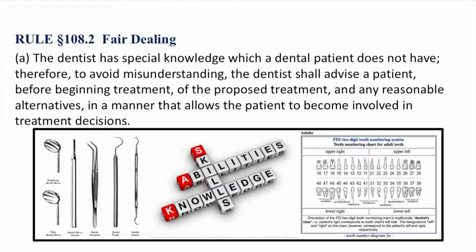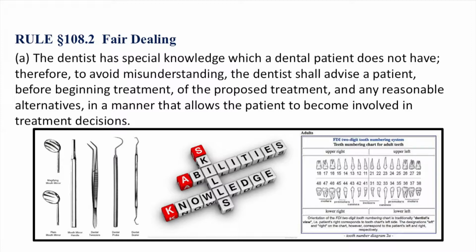Therefore, to avoid misunderstanding, the dentist shall advise a patient before beginning treatment of the proposed treatment, of any reasonable alternatives, and do so in a manner that allows the patient to become involved in treatment decisions. Breaking down this second part of subpart A, the goal is for the dentist to avoid any misunderstanding on the part of the patient.